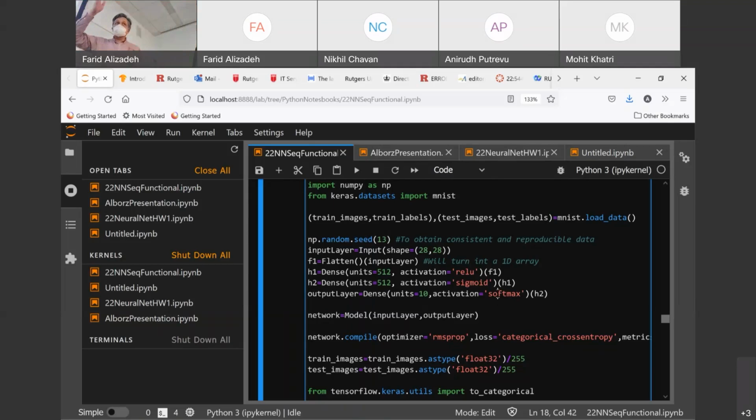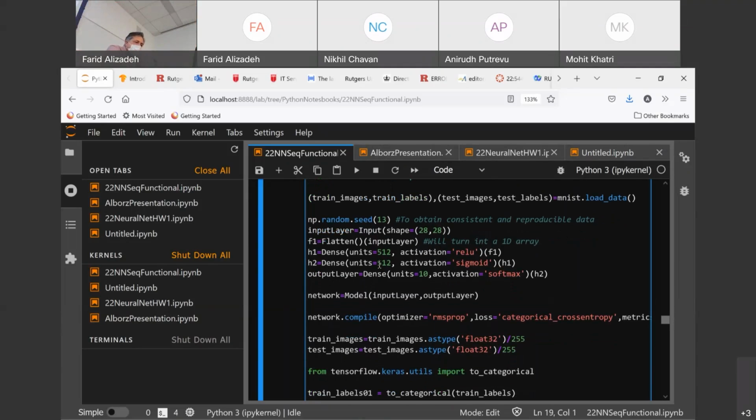Remember, softmax was e to the something over the sum of e to the somethings, adding up to 1, with everything between 0 and 1. So this is mandatory here, unless you have another way of capturing probabilities in a smooth fashion. The rest is the same. The network is now a model with an input and an output. You have to say what's the beginning and what's the end.